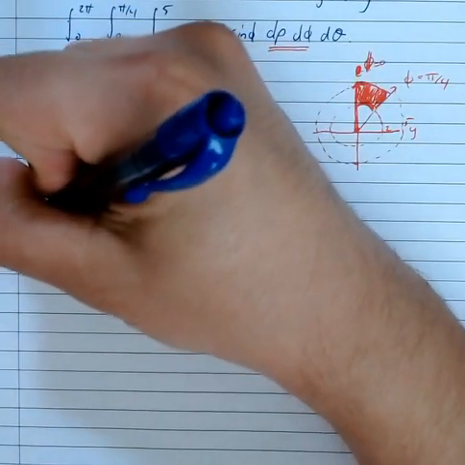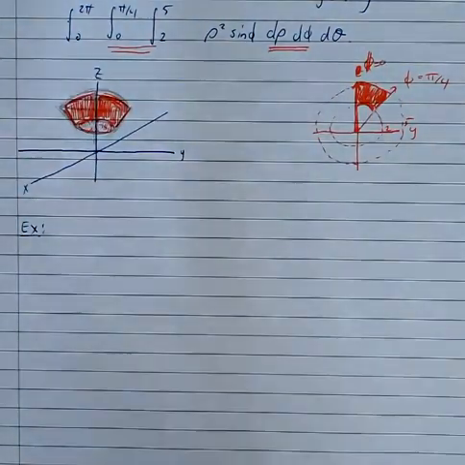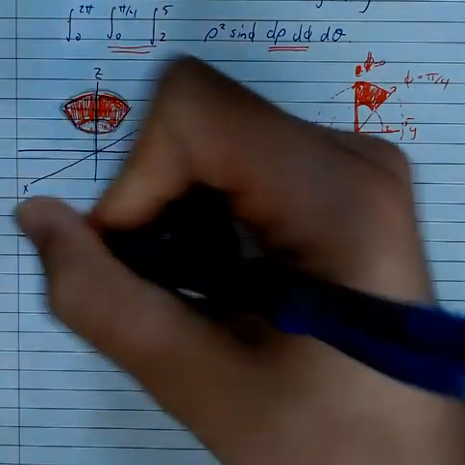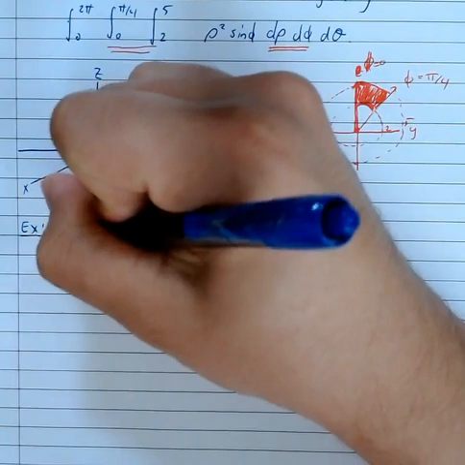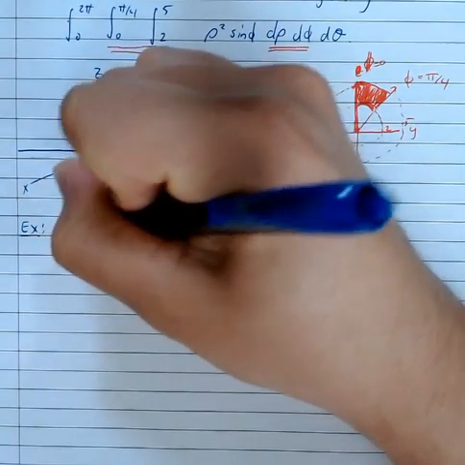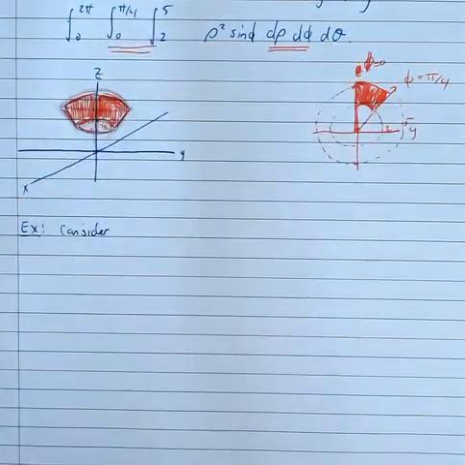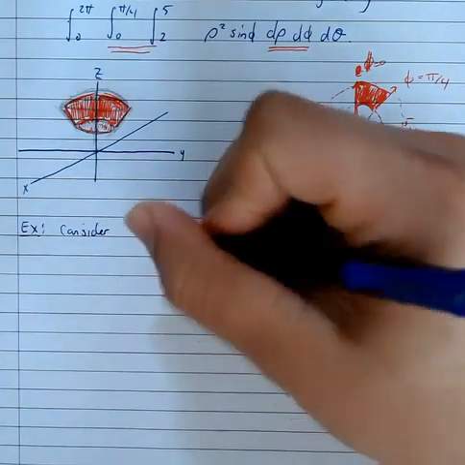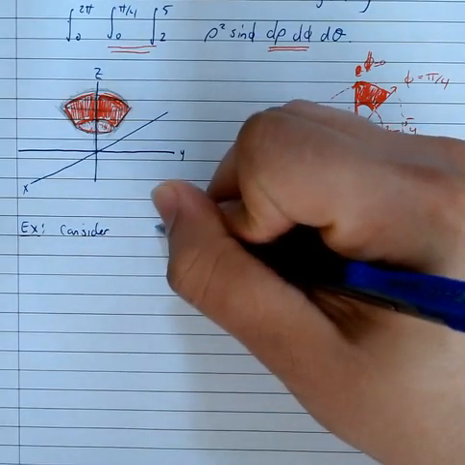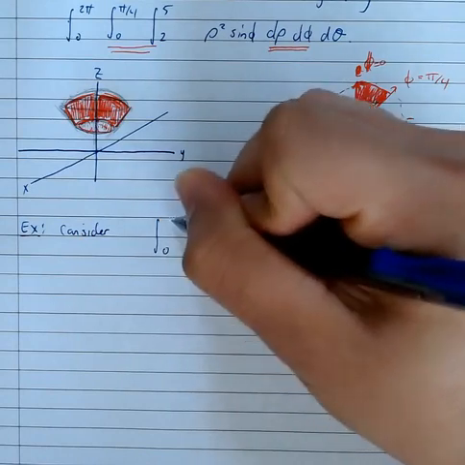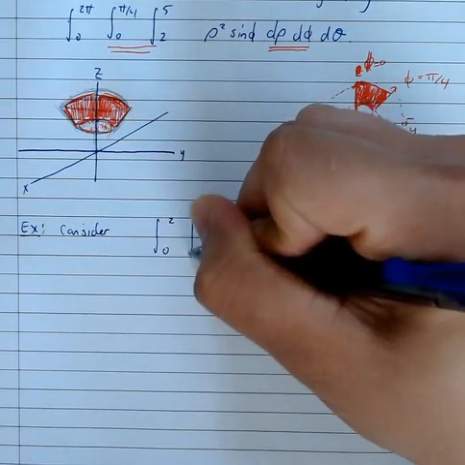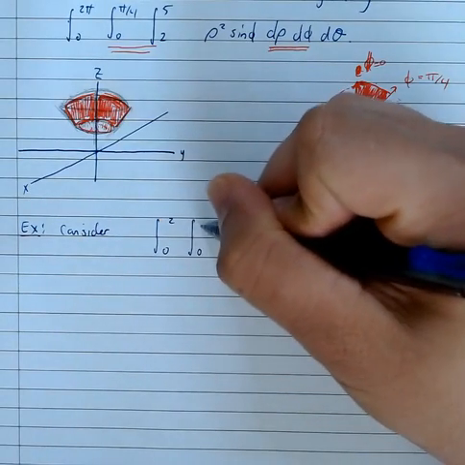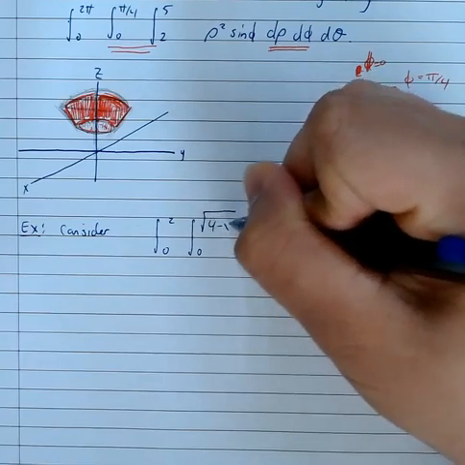I'm going to use it for a couple of things. It's going to serve a few purposes. So let's begin by considering the integral from 0 to 2 of the integral from 0 to the square root of 4 minus x squared.